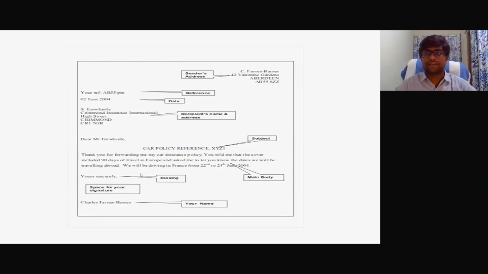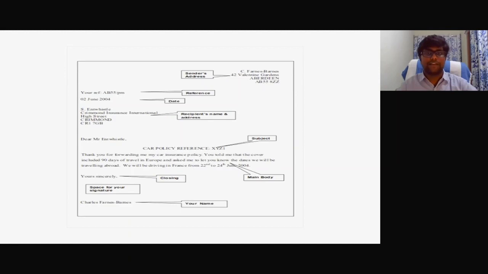This is one of the few formats of a business letter, where at the top there will be the sender's address, and then next, if we have any reference, we will be stating the reference, and then is the date of the letter, and then next comes the recipient's name and address.